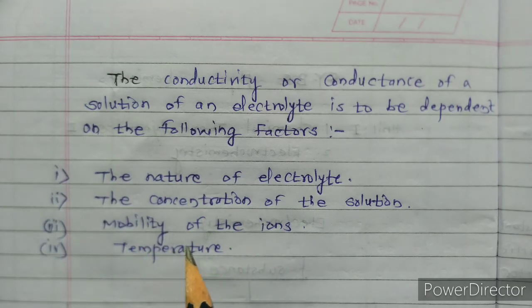As mobility increases, the conductivity also increases. And the last factor is temperature. As the temperature increases, it enhances the kinetic energy of the ions and hence mobility increases. As a result, the conductivity increases.